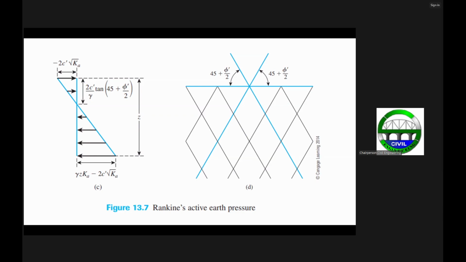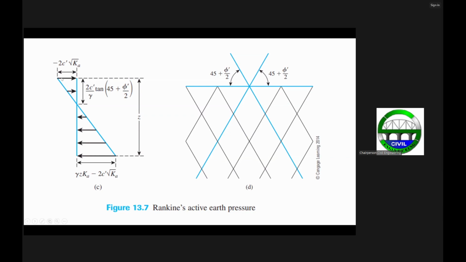If you have some cohesion, for example, if you have a clay material. But if you have a sandy material, then you don't have this term. So we will start from 0 down to such a value here, because if there is no cohesion, for example, a granular soil, then this one here is 0, and this one here is 0.